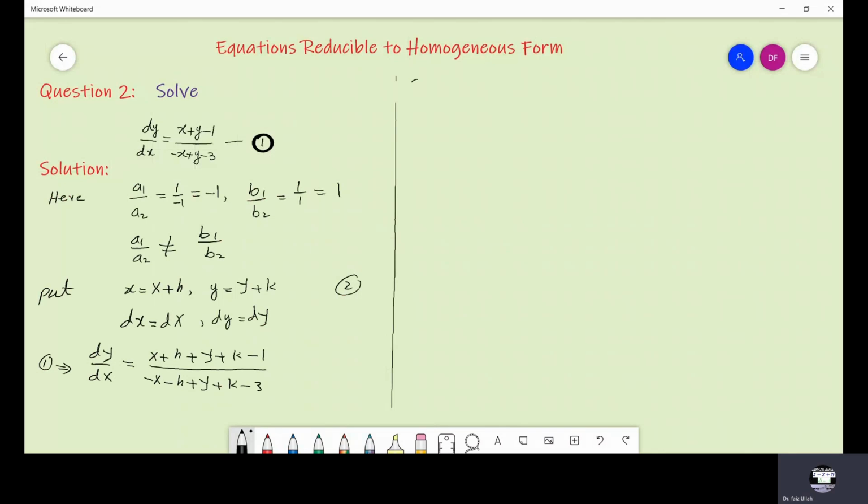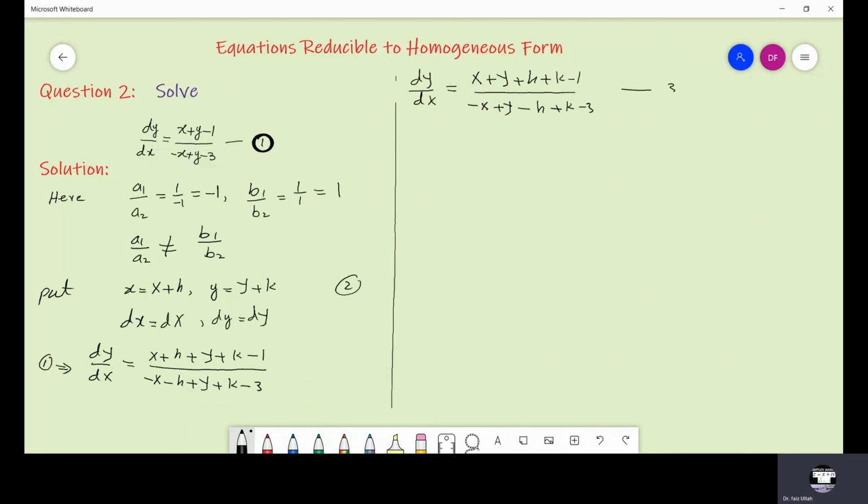And now we simplify this to get dY/dX is equal to (X plus Y plus h plus k minus 1) divided by (minus X plus Y minus h plus k minus 3).